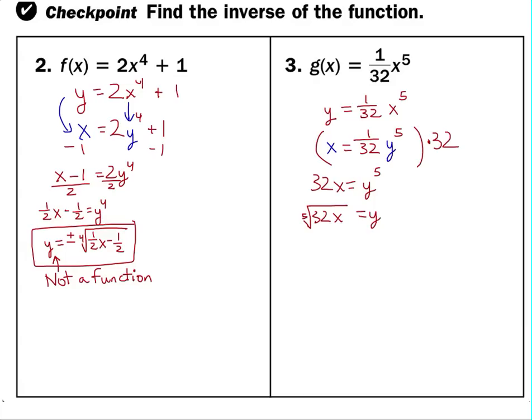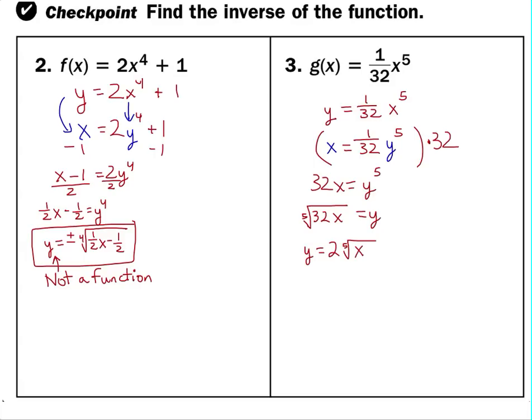Now the thing about 32, well, first of all, I wrote it poorly. Let me write it nicer. There we go. But 32 is 2 to the 5th, so if you play that fun factor game, a 2 can come out and there aren't any numbers left over. So it's 2 times the 5th root of x.